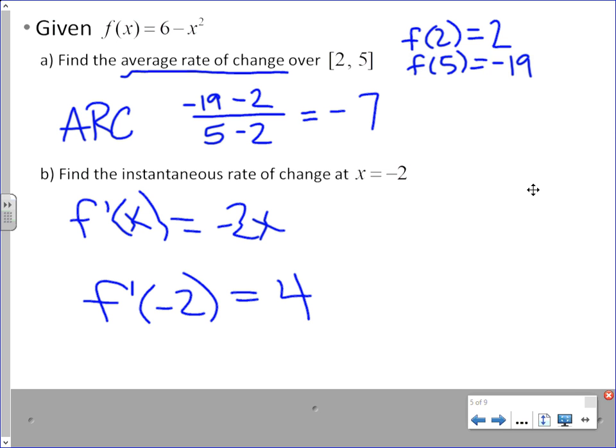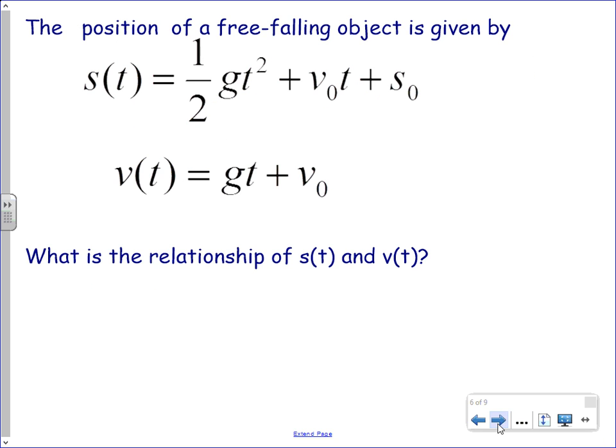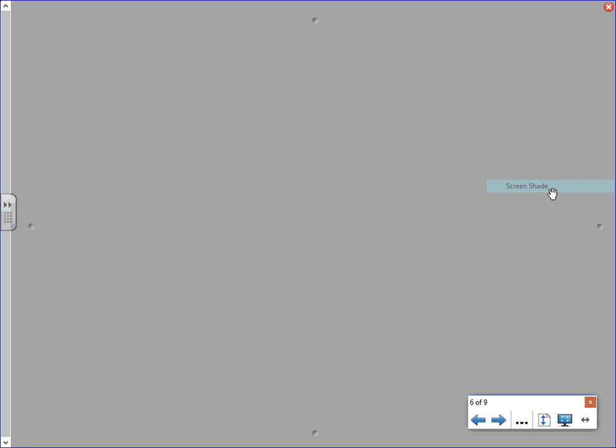We're going to talk about some motion problems here. This is kind of the intro, and then our last unit of the class is going to be a motion unit where we talk about position, velocity, and acceleration and how they relate to each other, and how to use calculus with it. But here's just a little taste.